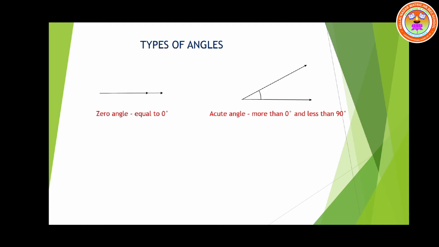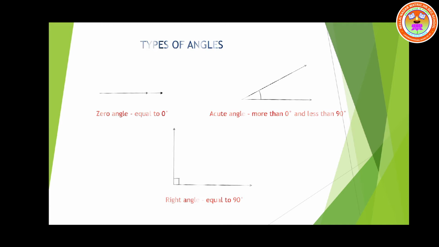We are just recalling the topics. Now again, one more ray is lying, one ray is horizontal and one is vertical. Now there is an angle formed. What type of angle is this? Yes, very good. It is a right angle.